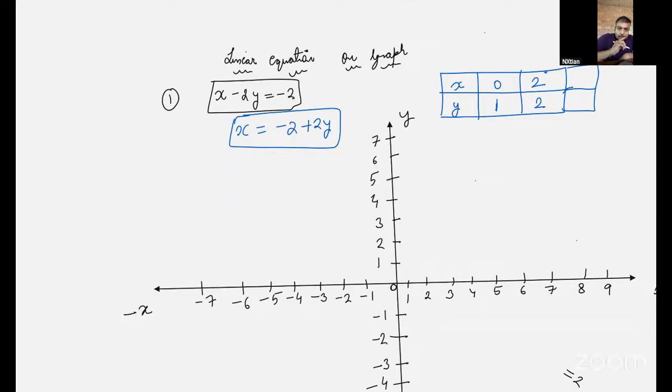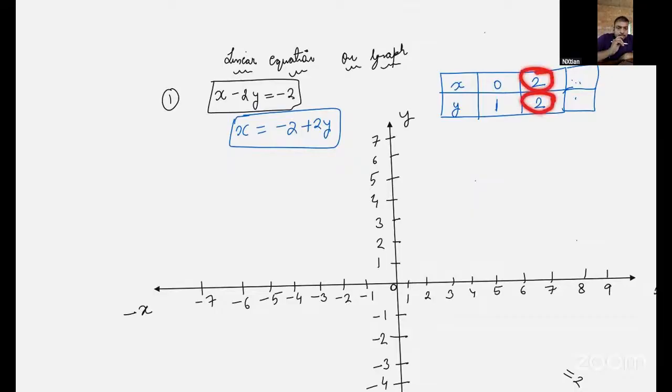Any other value? Abraham will tell me the other value. Abraham, third value, can you tell me? We are missing one value. Any value? So y is equal to 2, and we got that y is equal to 2, x is also equal to 2.